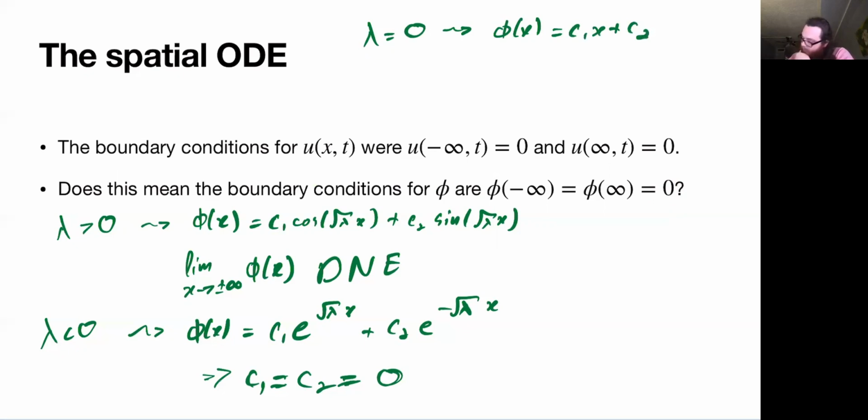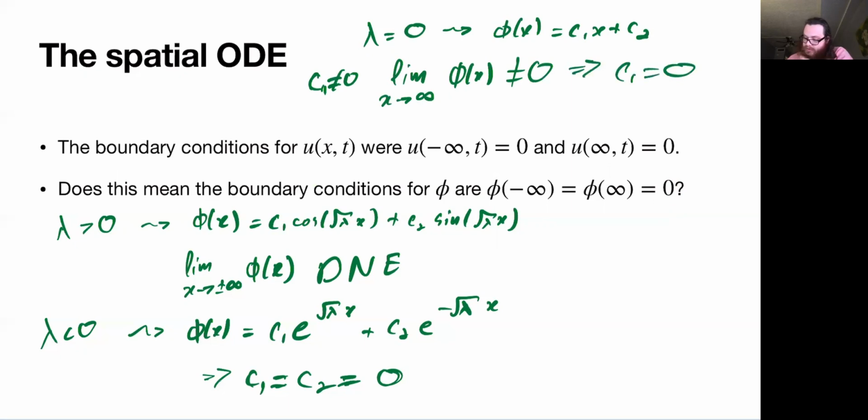The limit as x goes to infinity of phi of x, if C1 is non-zero, will be non-zero. So you must have that C1 is 0. Otherwise, we have phi of x equals C2.